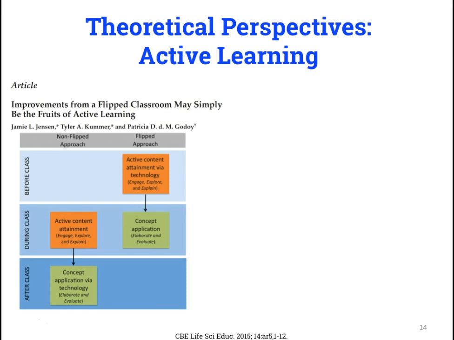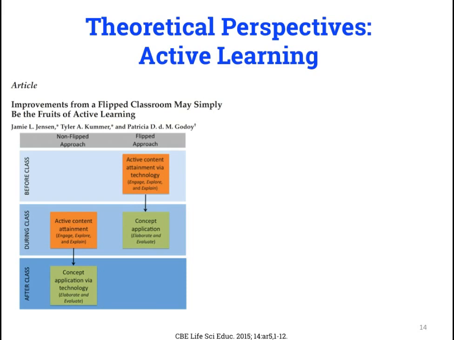The other group was the flipped approach, where they received content attainment via technology prior, and then were encouraged to apply the content during class, with the assignments done in class, in groups.